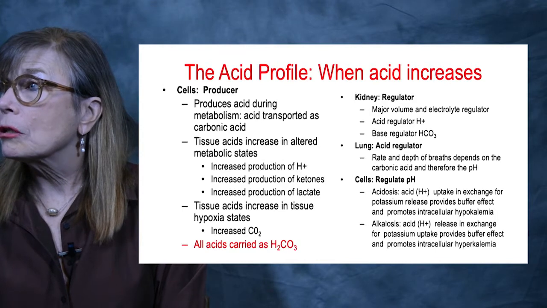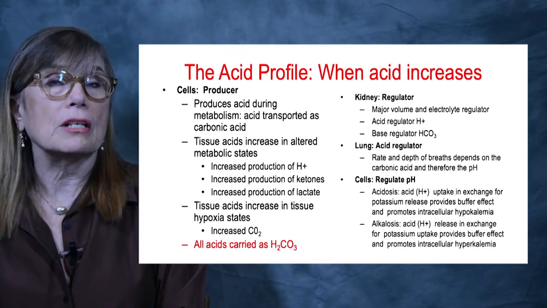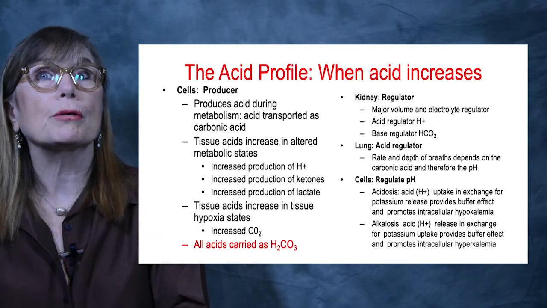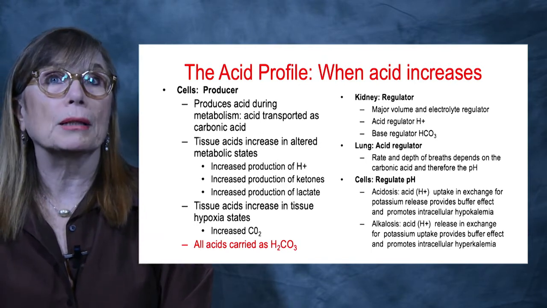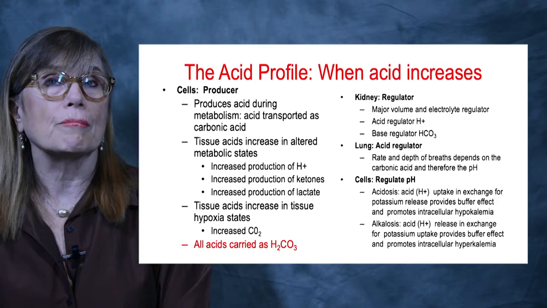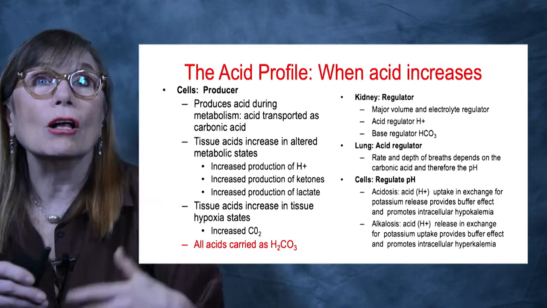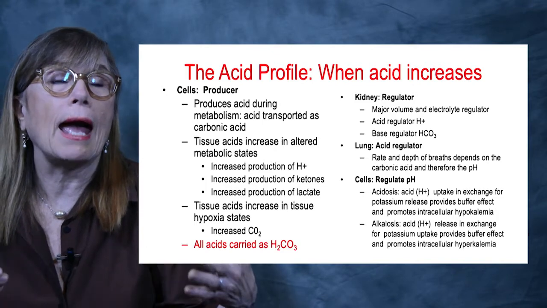So first, what we need to understand is how acid is produced. Acid is produced during metabolism and cellular respiration. So very important to appreciate, cells are producing acid.